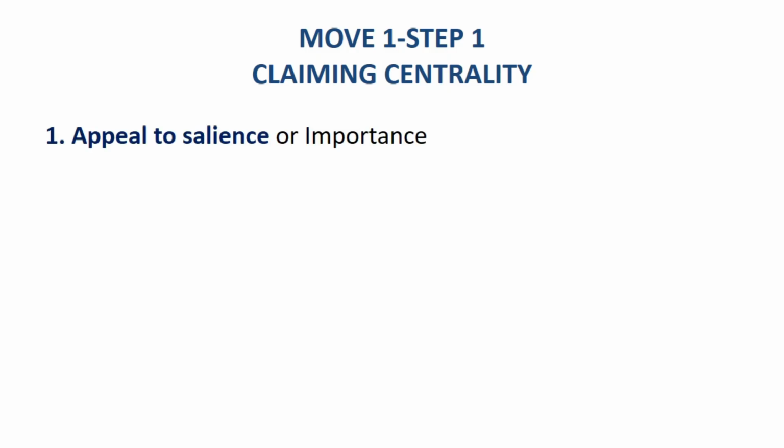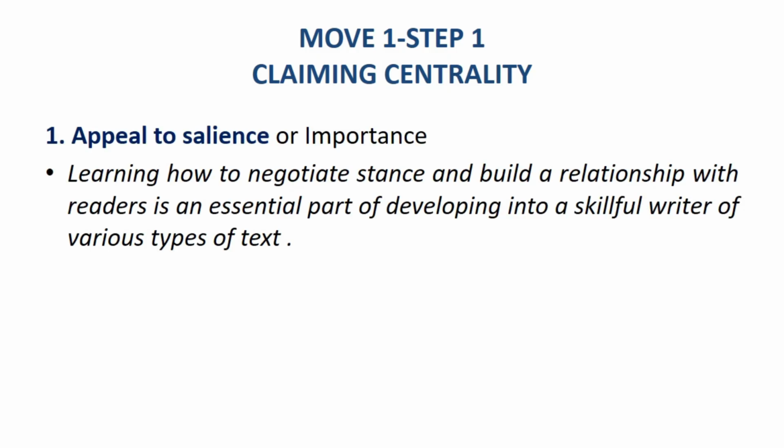And then we look again at move one in the introduction, which contains appeal to claiming centrality. This is the way we convince readers that our topic, or our research, is important. The first way to convince readers is to state that our topic is important.